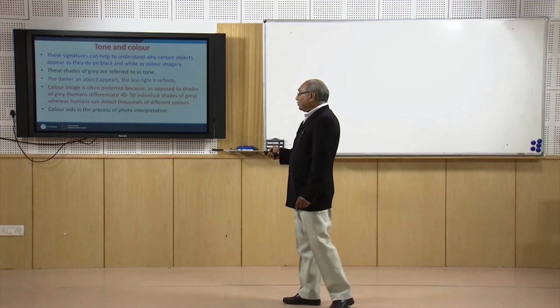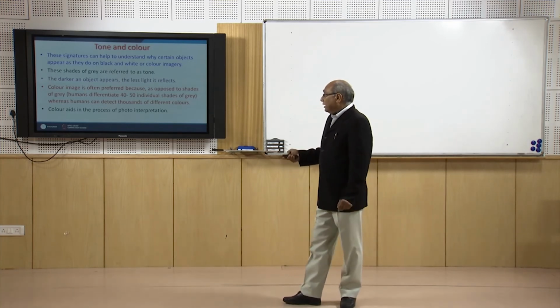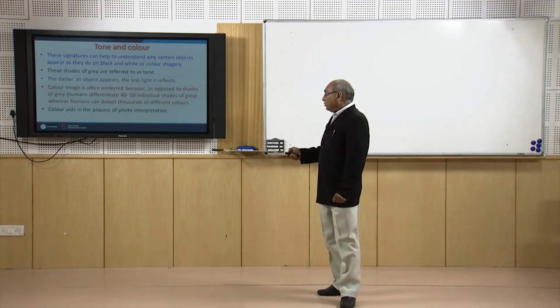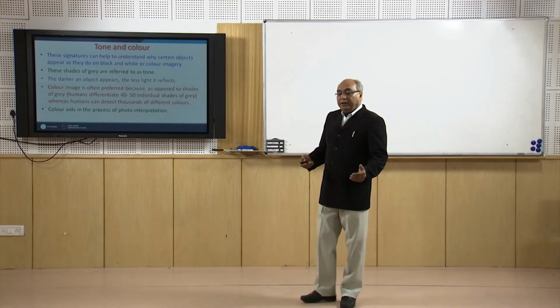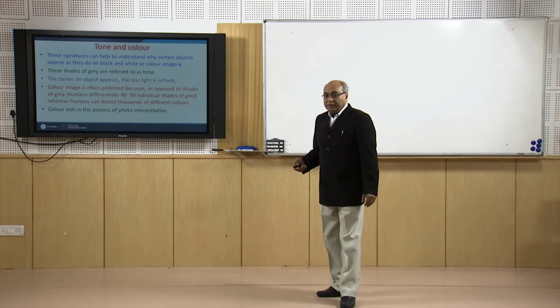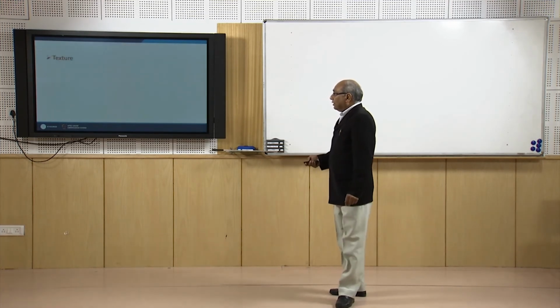Color aids in the process of photo interpretation and makes it much easier compared to grey images. That is why we always create color composites, even if it might be a false color composite, but it is a great help while making interpretations.